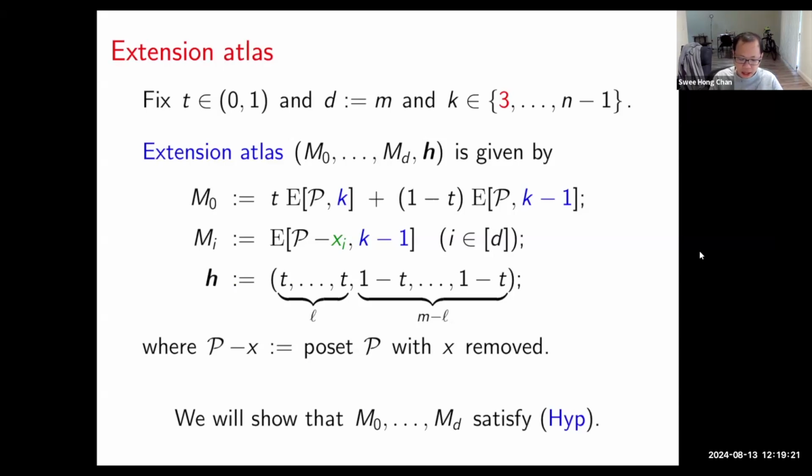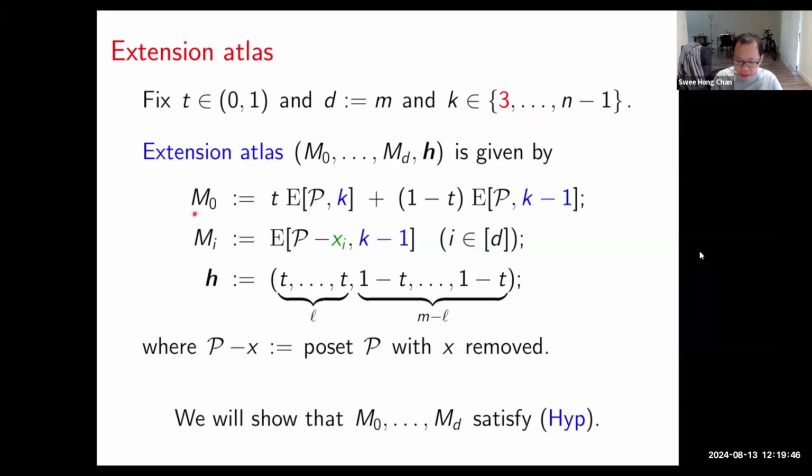First, we will need to define what the atlas is, at least for the poset case. So first, you fix t to be strictly between 0 and 1. This is so that the vector H will be a strictly positive vector. You fix k, and you see here I put k to be at least 3 rather than 2. This is for a reason that I will explain soon.